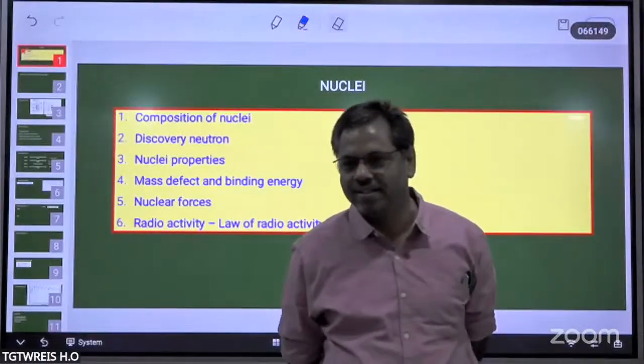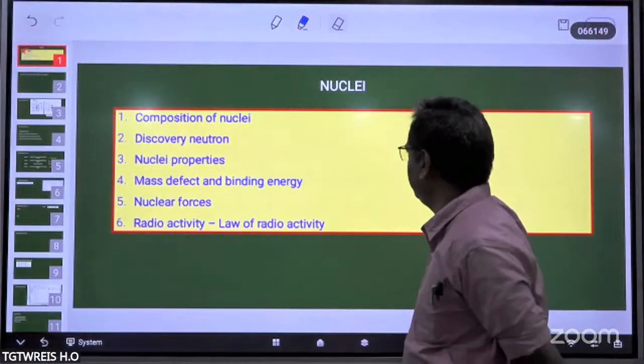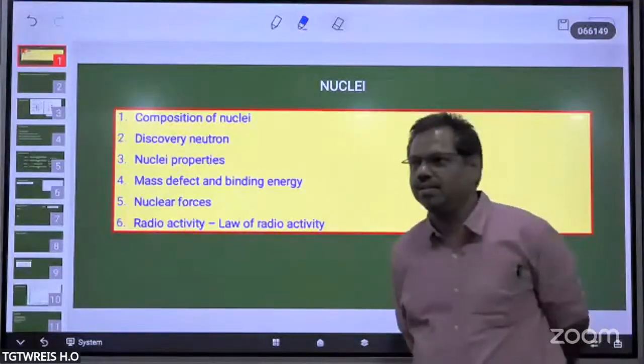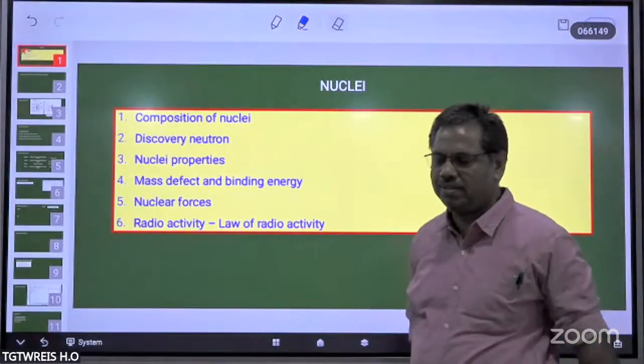To discuss the second chapter of modern physics, that is nuclei. In this chapter, what are the important topics required to face the NEET-based problems as well as the JEE Mains-based problems that we discuss.